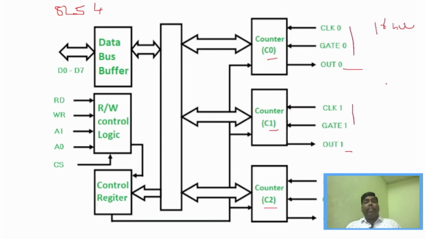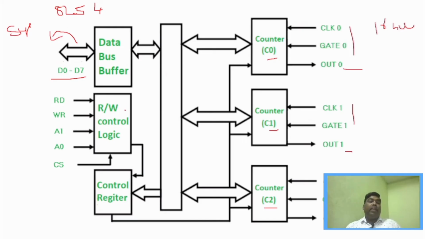And apart from it, we have a data bus buffer, which is 8-bit, where the data transfer between the microprocessor and this particular 8254 can be done using this data bus buffer, right? And this is bidirectional, and it is connected to the system bus of the microprocessor. It can be 8085 or 86, right?